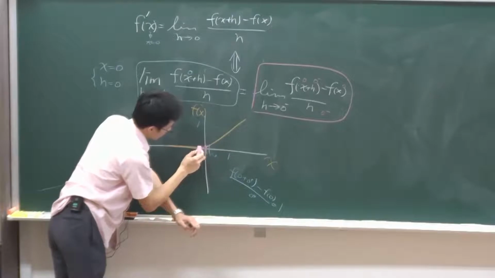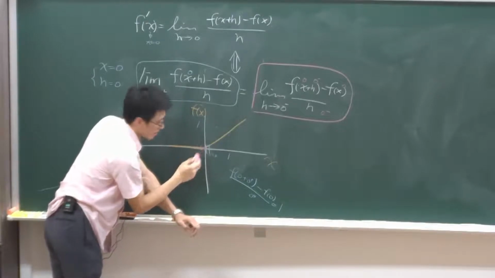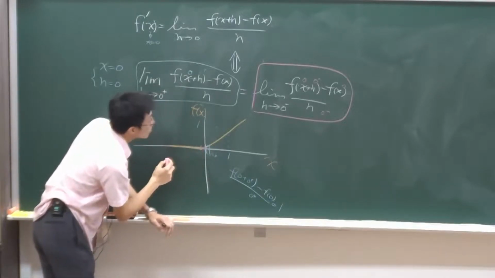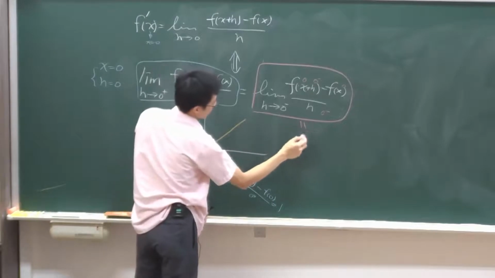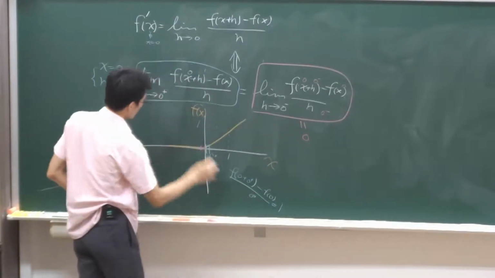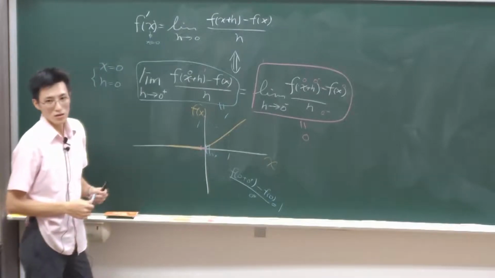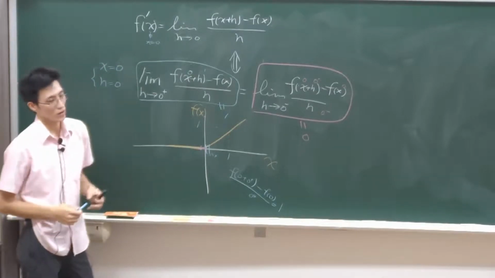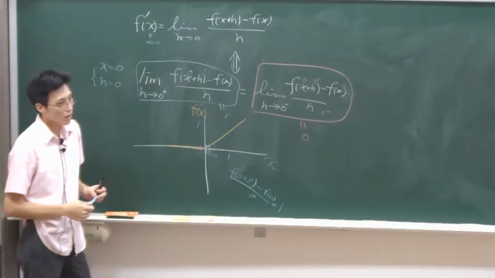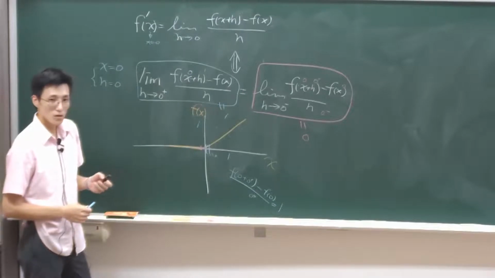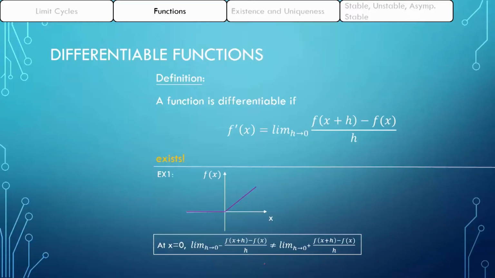So we want to see the slope of this, which is 0, right? And this is 1. So are they equal? They are not equal. So it's not differentiable. Okay, do you understand? Next, is this function differentiable or not?